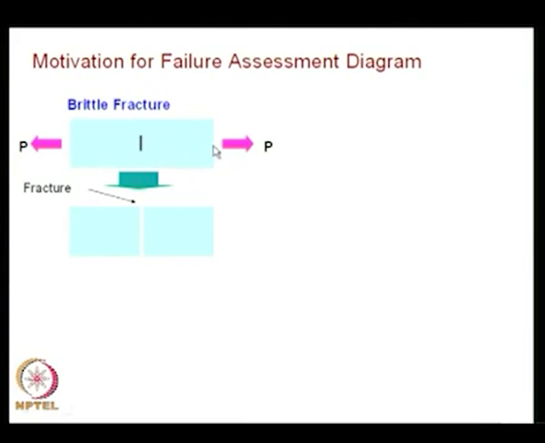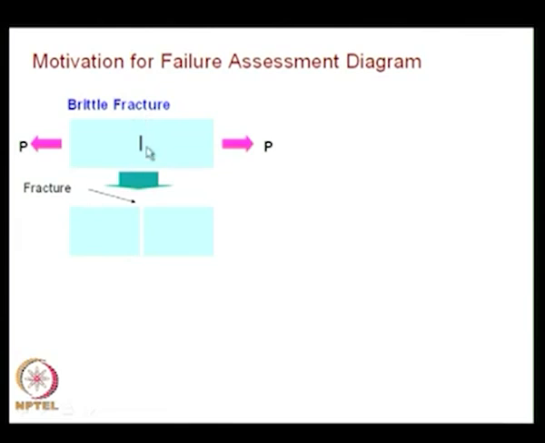Suppose I have a plate with a crack, I pull it, and if the conditions are such, it leads to brittle fracture and the component separates into two. There is also another important concept which is depicted in this picture. The crack has grown in this direction in a self similar manner.